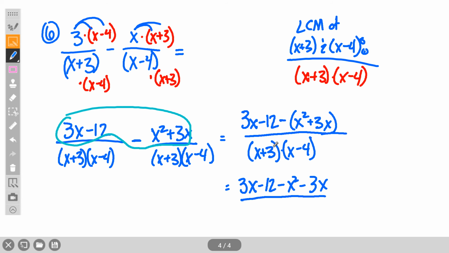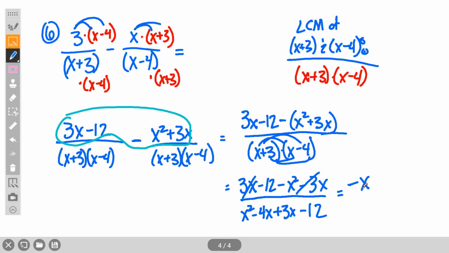Over, distribute here to put this into standard form. X times x is x squared, x times negative 4 is negative 4x, 3 times x is 3x, and 3 times negative 4 is negative 12. Combine the like terms and then put it in standard form. So 3x and negative 3x cancel.